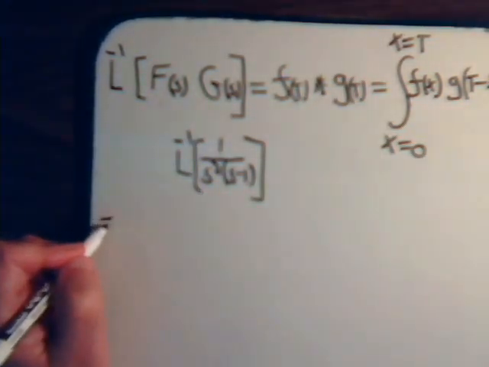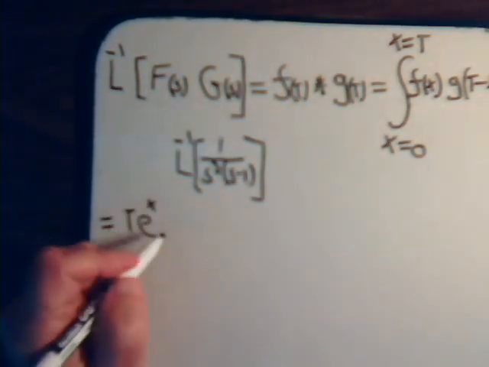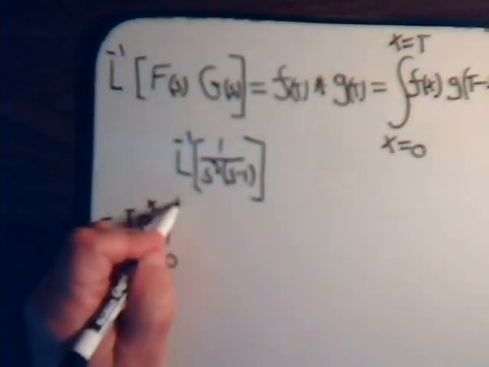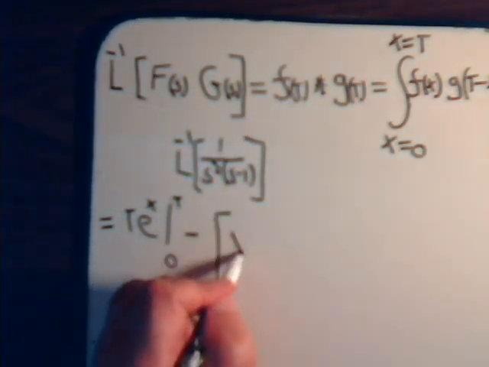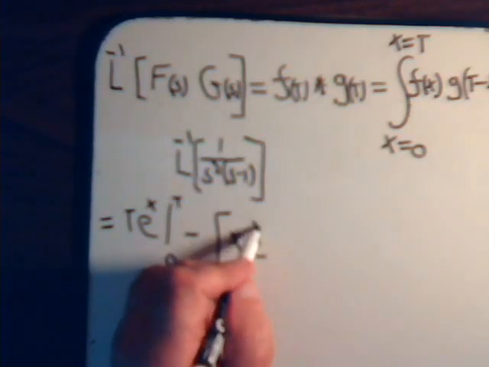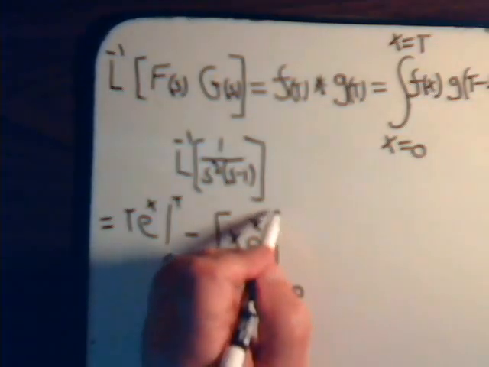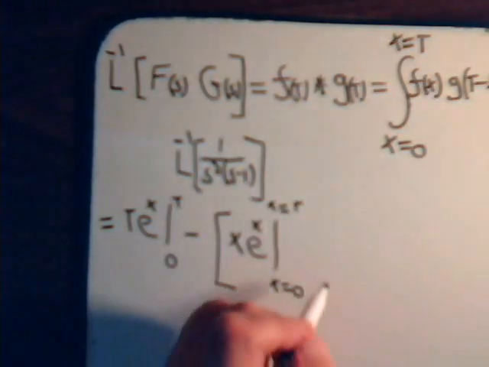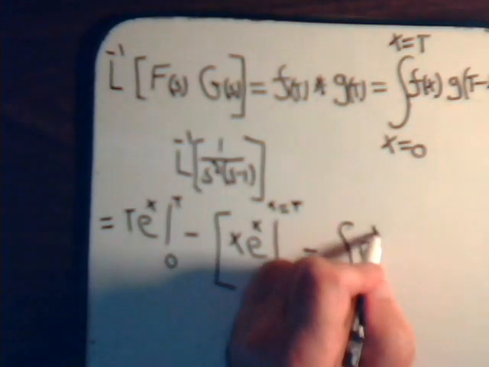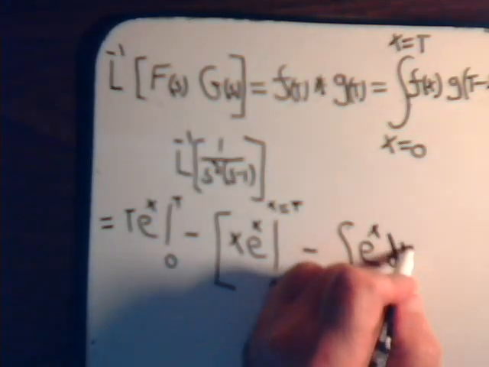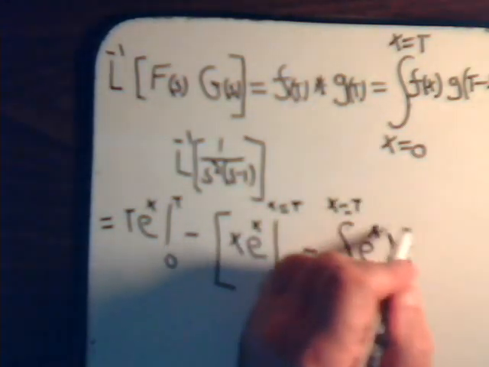And that is equal to t e to the x goes from 0 to t, minus x e to the x goes from 0 to x equals t, and then we had minus the integral e to the x dx. x goes from 0 to x equals t.